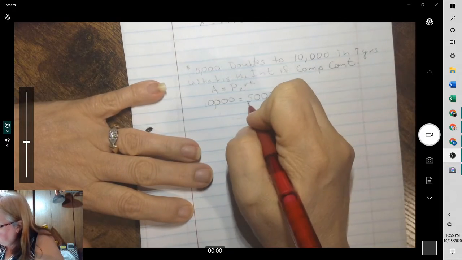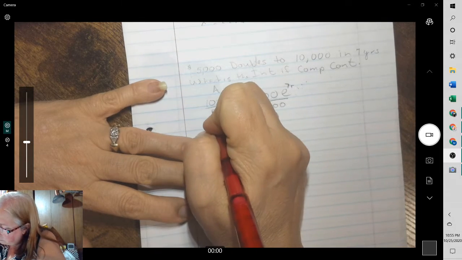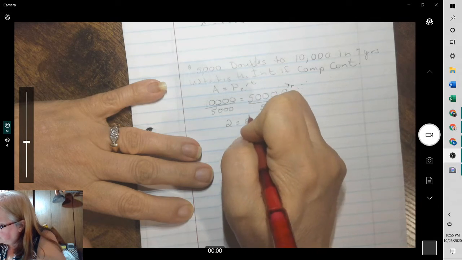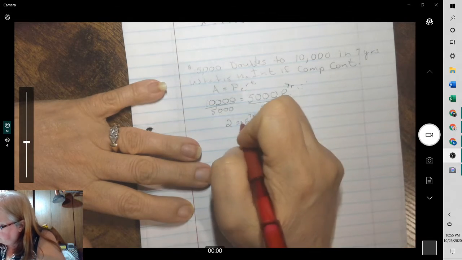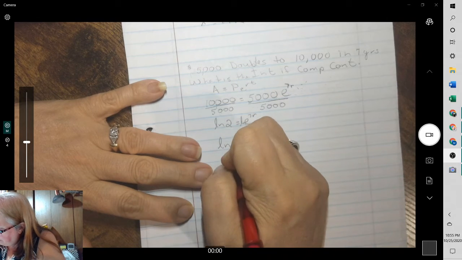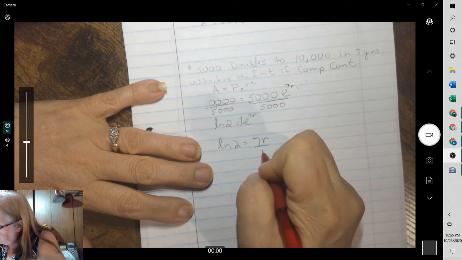Get e by itself, divide by the 5,000, which gives us 2 equal to e to the 7r. To get rid of e, take the natural log. And then to get rid of the 7, divide.